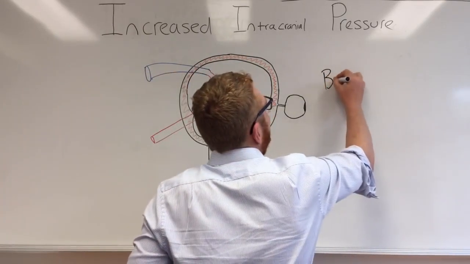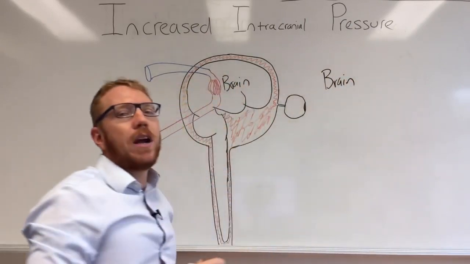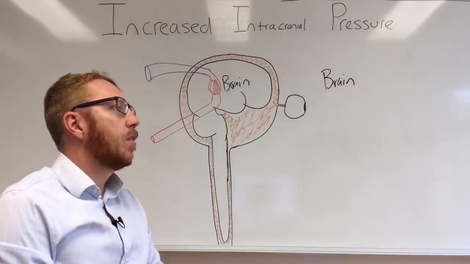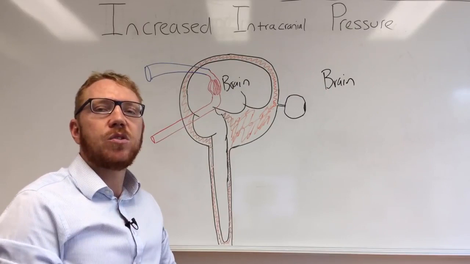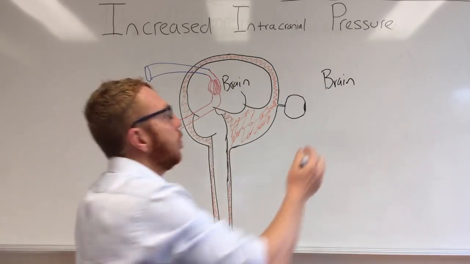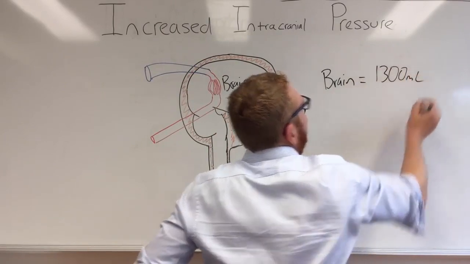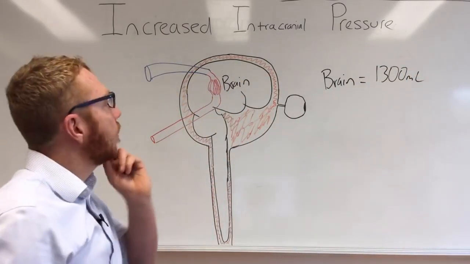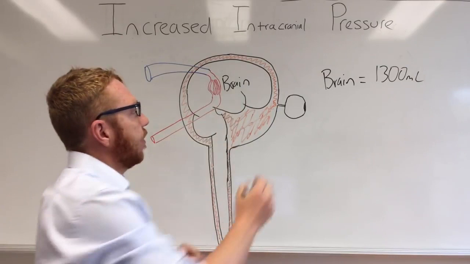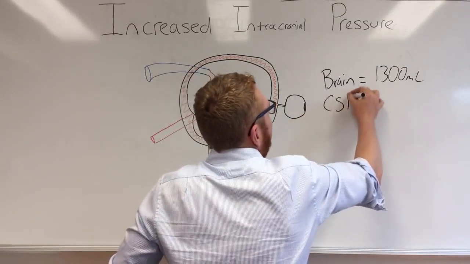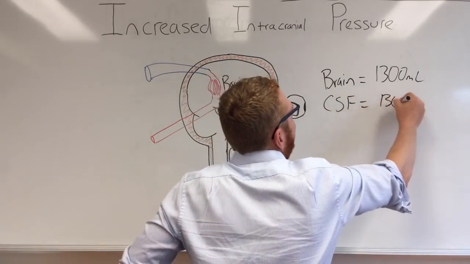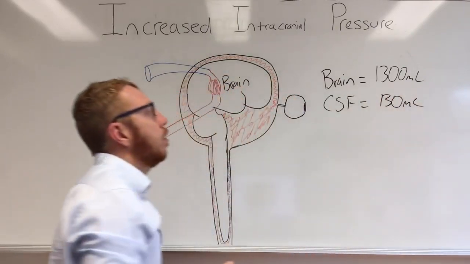So let's start with the brain. The volume of the brain, because we know the brain weighs about 1,300 grams to 1,500 grams, the volume basically is that. So it is 1,300 mils of volume. Now the CSF is approximately 130 mils of fluid.